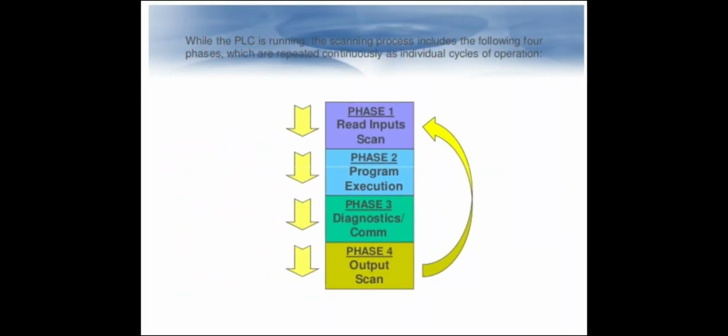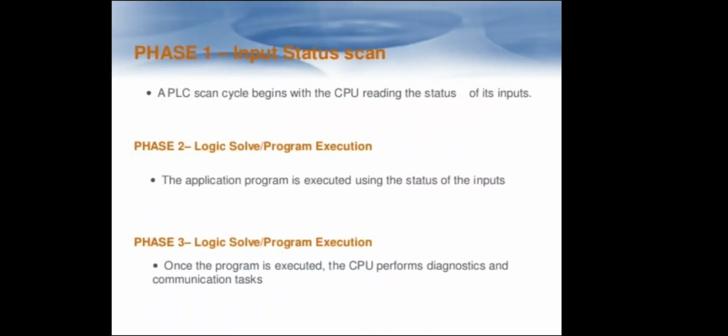While the PLC is running, the scanning process includes the following 4 phases, which are repeated continuously as individual cycles of operations: input scan, then program execution, then the third phase is diagnostics and communication, and then the fourth is output scan. So while the PLC is running, it repeatedly continues through these 4 phases.